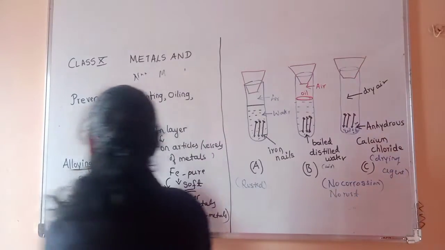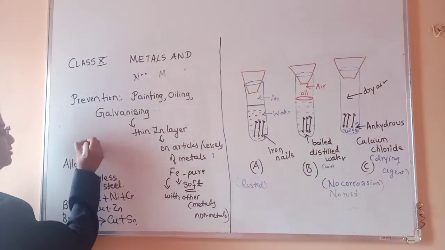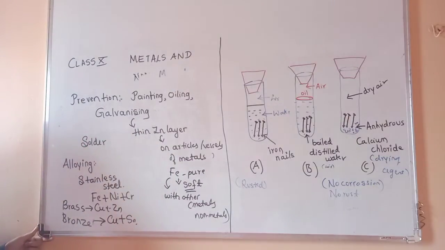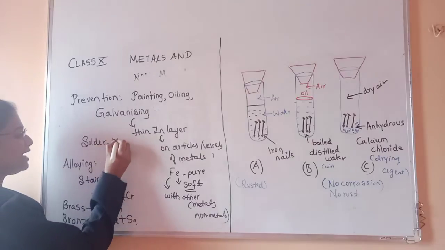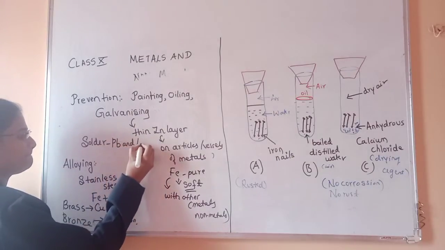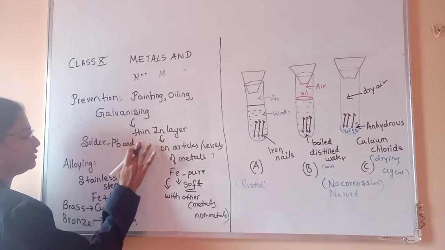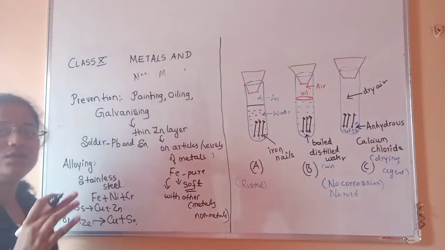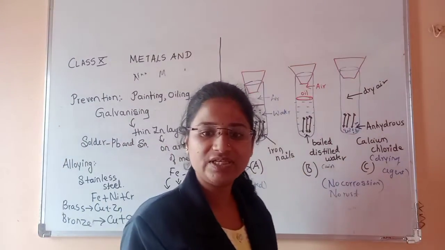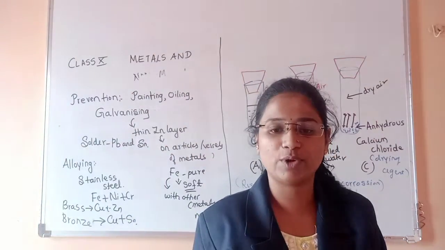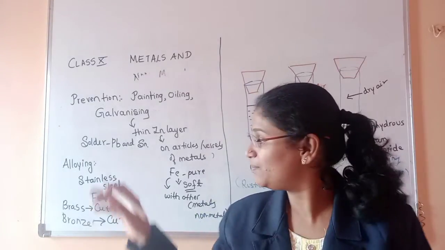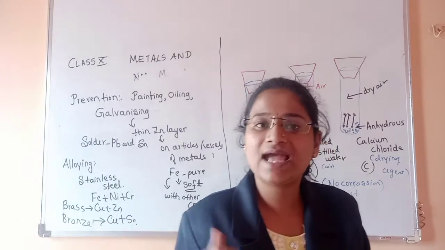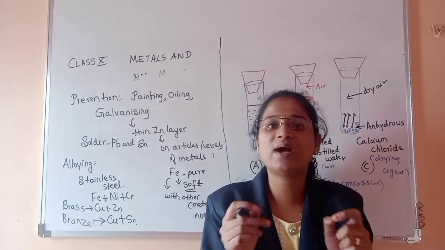One more alloy is called solder. This solder is made up of lead and tin. We know lead and tin have a very high melting point, but solder, which is prepared from lead and tin, has a very low melting point, and it is used to weld two wires.